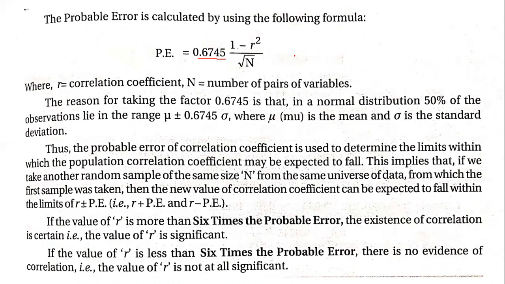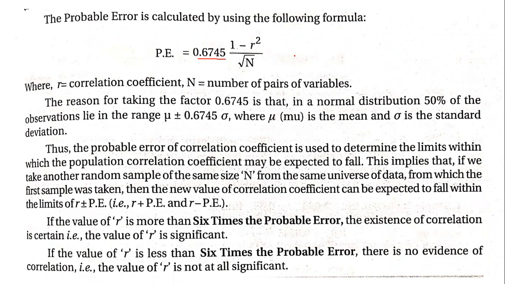Then 1 minus r square. R we will already know, that is your correlation coefficient. Apart from that, we divide by the square root of n. Now n will be given to us in the problem.